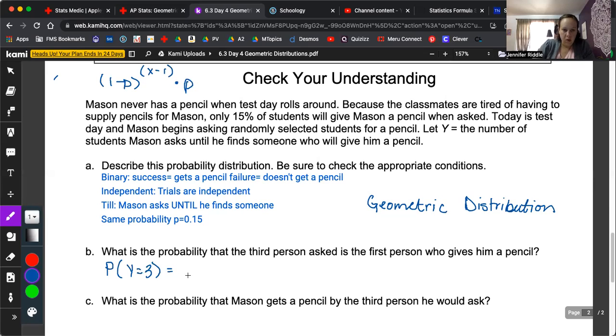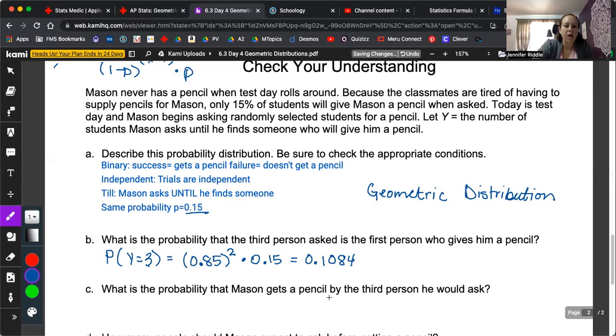If p is 0.15, 1 minus p is 0.85. If we want the third person to give him a pencil, that means 2 people did not give him a pencil, times that success that someone did give him a pencil. When we do that, we get 0.1084.